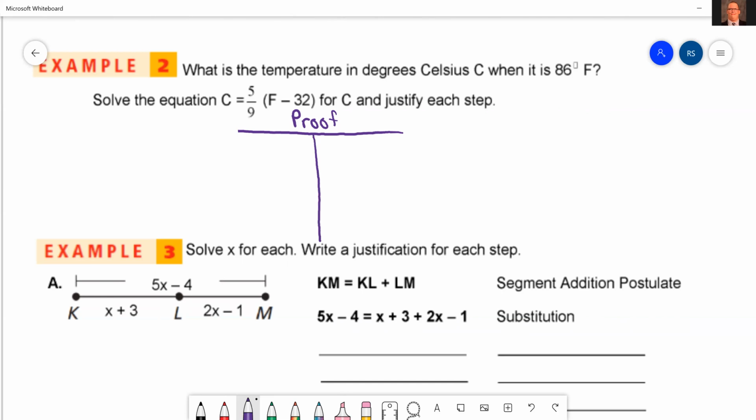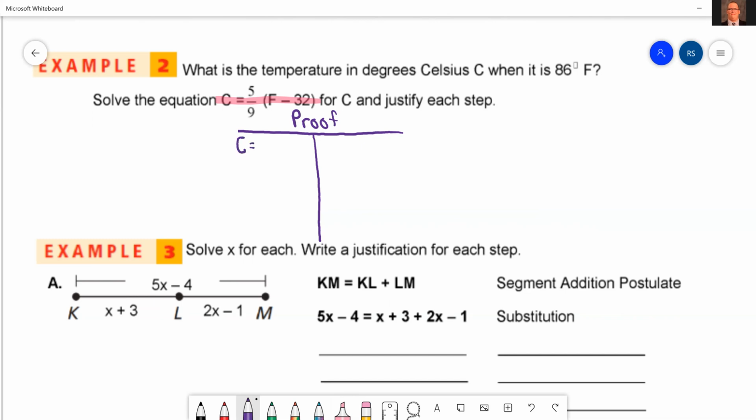Okay, well, where do I start? Do they give me any equation? Yeah, they give me this one right here. C equals 5/9 times F minus 32. So that's what I'm going to write right here.